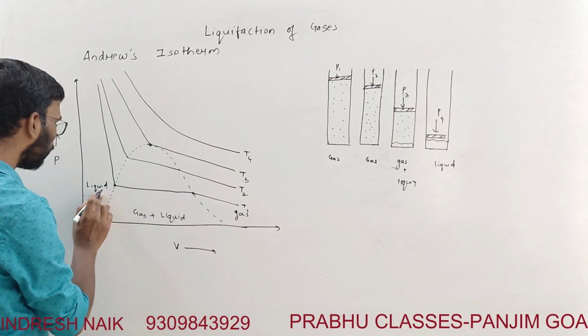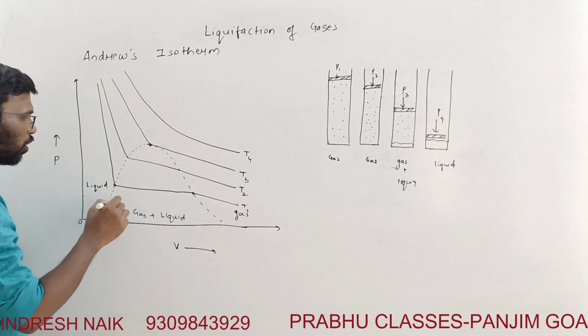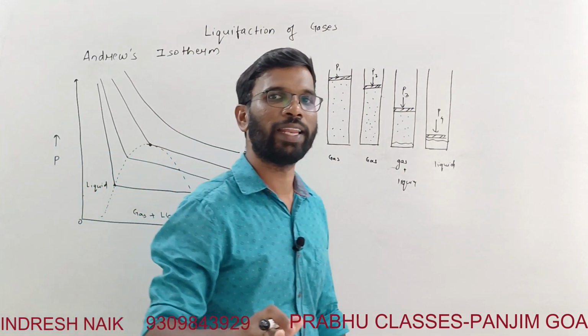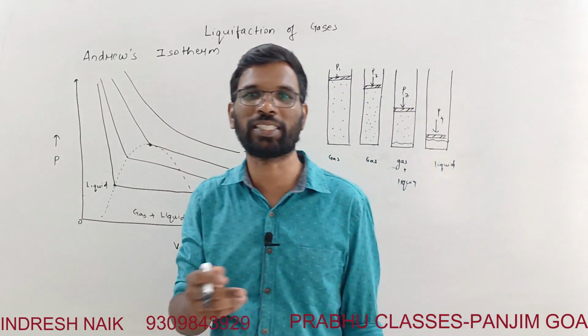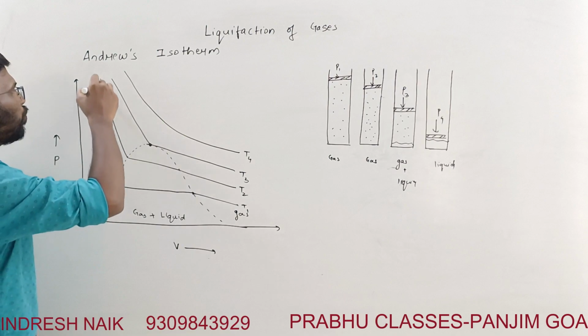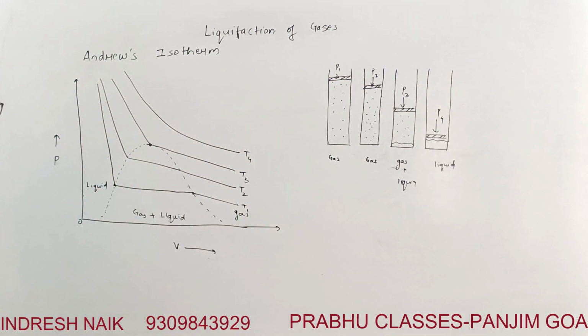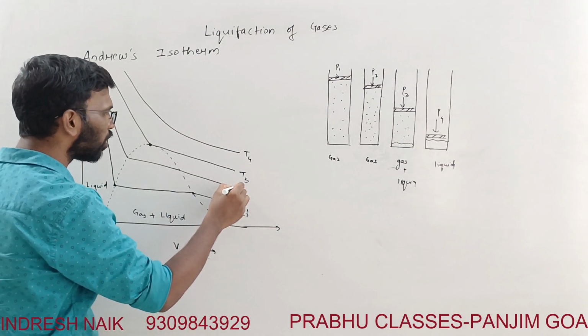Now you can see that if we increase the pressure, there is very little change in the volume. Why? Liquids are highly incompressible. You cannot compress them to a greater extent, isn't it? So even with a very large difference in pressure from here to here, there is very little change in volume. So this is also at a certain higher temperature.